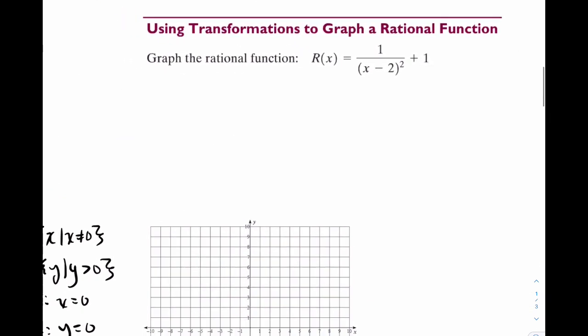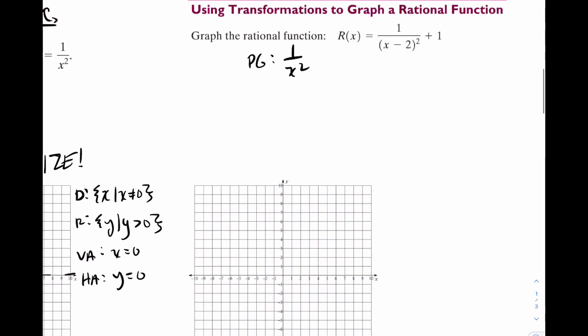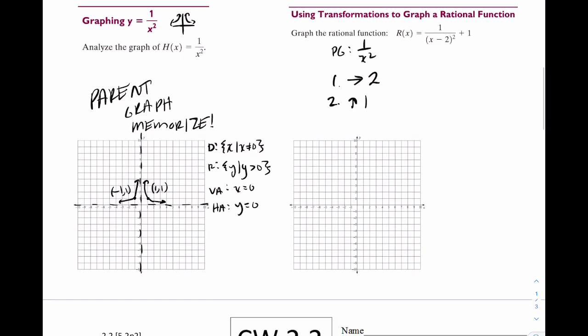So when we're here, if you see a question like this, all you got to do is think, well, what's happening? The parent graph is 1 over x squared, so we're going to use our graph right there. And I can see there's no stretch, no reflection, so it's just right 2 and up 1. So again, let's just use our iPad. I'm going to grab that, copy. Let's put that right there.